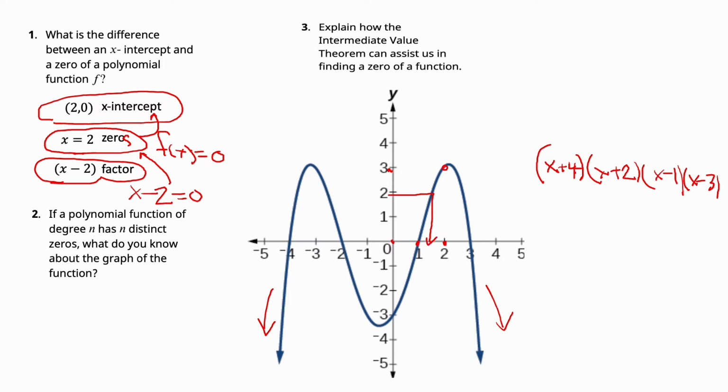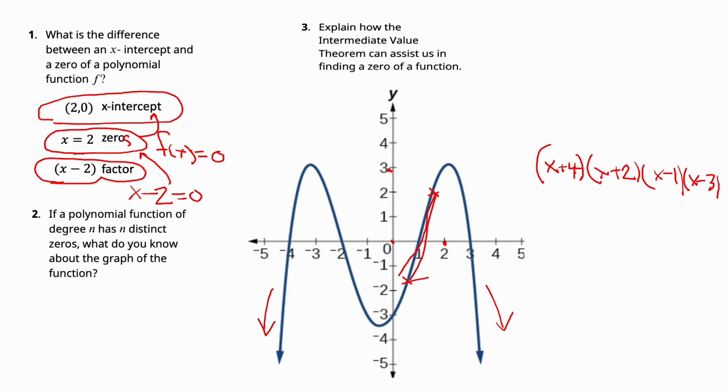Now, how is that useful? The way that's useful is that when you have a positive on one side and a negative, and you know the function is continuous, which polynomials are, then you know you have a 0.